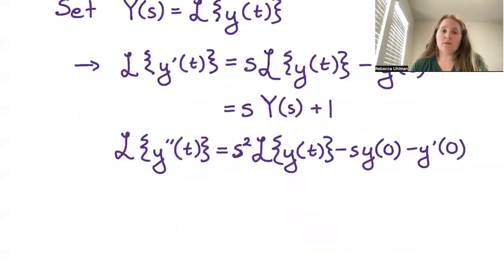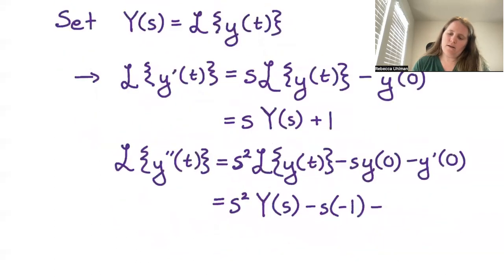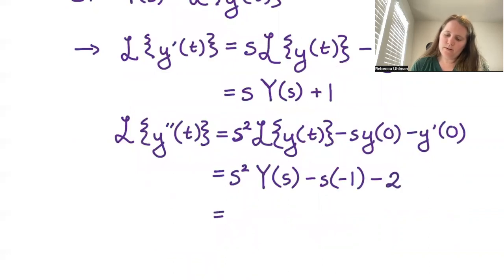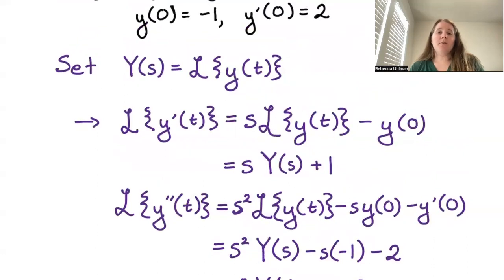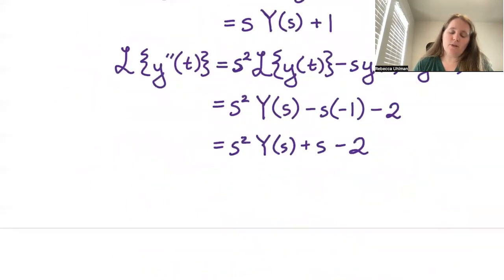So plugging in those initial conditions and replacing the Laplace transform of y of t with that capital Y of S, we are looking at S squared times capital Y of S minus S times -1 minus 2. Or in other words, S squared times Y of S plus S minus 2. So we now have the Laplace transform of y prime, and y double prime, all in terms of this capital Y of S. So now we can go ahead and take the Laplace transform of our differential equation.